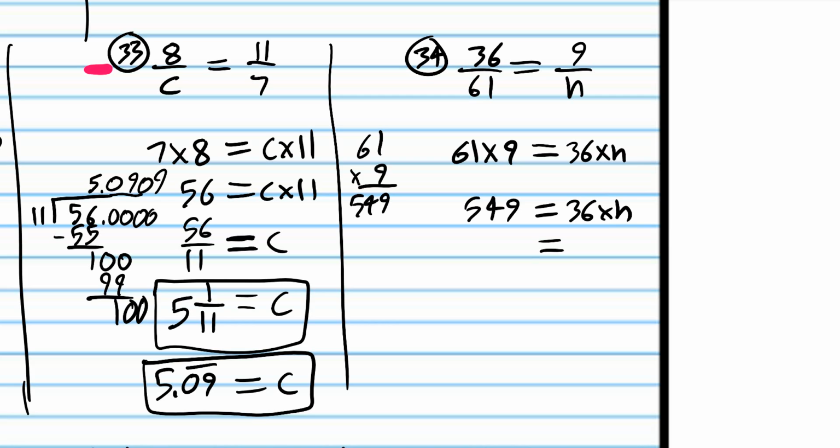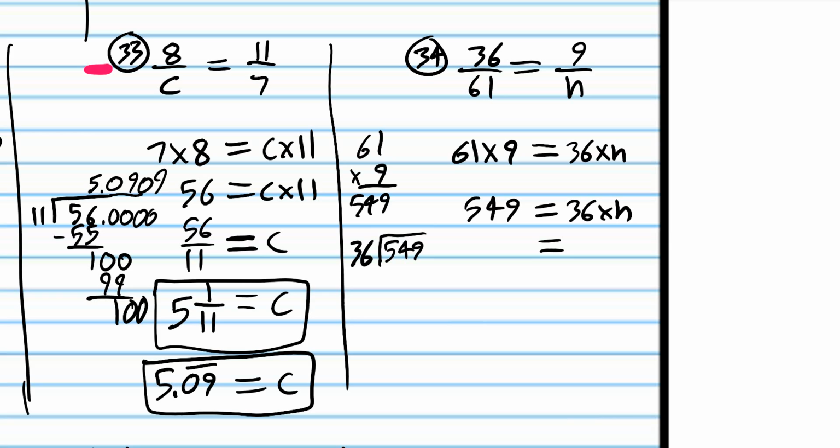So we're trying to figure out how many times 36 goes into 549. So we can either write it as a fraction or a decimal. Either way, we'll do it both ways. We'll do a fraction and a decimal.